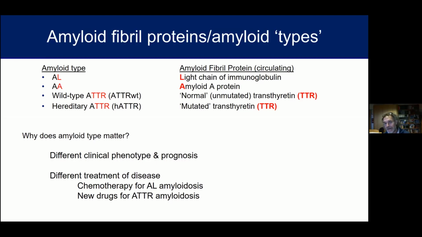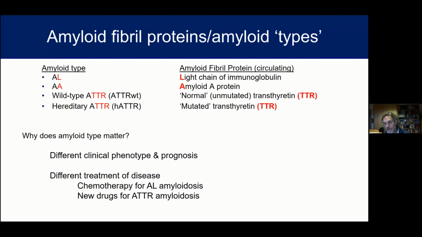In AA amyloidosis, the amyloid protein is a protein called serum amyloid A. That's an acute phase protein, exactly like C-reactive protein, which goes up and down in line with CRP. It has a wider dynamic range. And in order to get AA amyloidosis, you need a high concentration of this protein, serum amyloid A, in the plasma for usually at least several years.